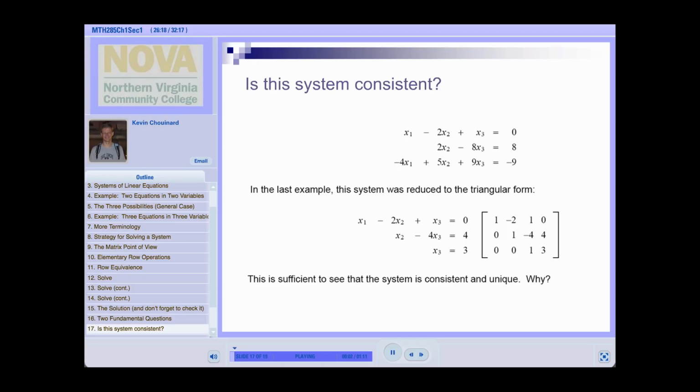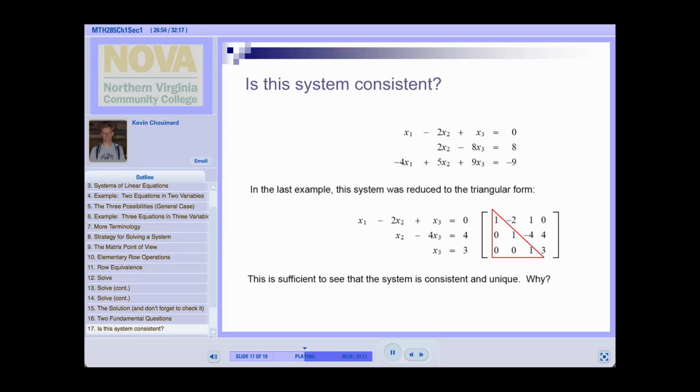In our example that we worked out with the row operations, if we asked ourselves the question about consistency, is there going to be a solution? There was a certain point in the algorithmic operations where we knew we were going to have a solution. And that point in the solution was when we could have identified that triangle where we had ones on the diagonal and zeros below it.